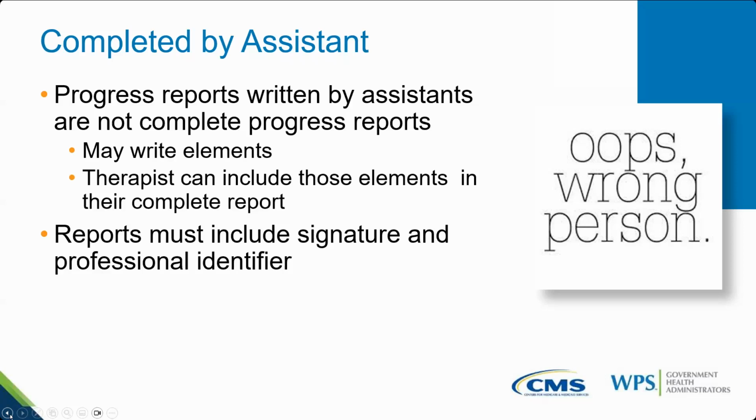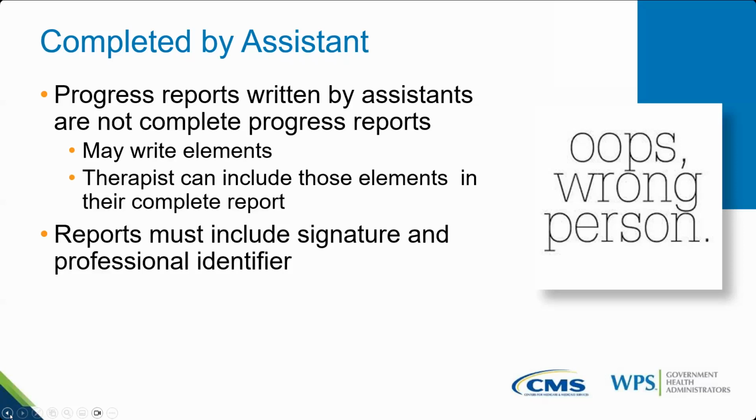The easiest thing to do is, I always tell providers, if you have a case such as the one I just described, print a progress report. Take it to the newest person in the office and hand it to them and say, can you tell who formulated this, whose report this is?